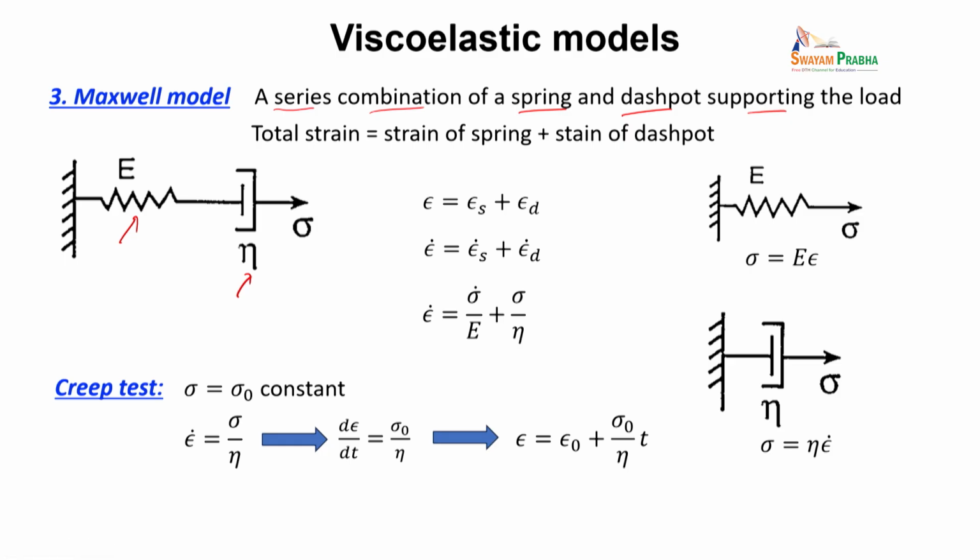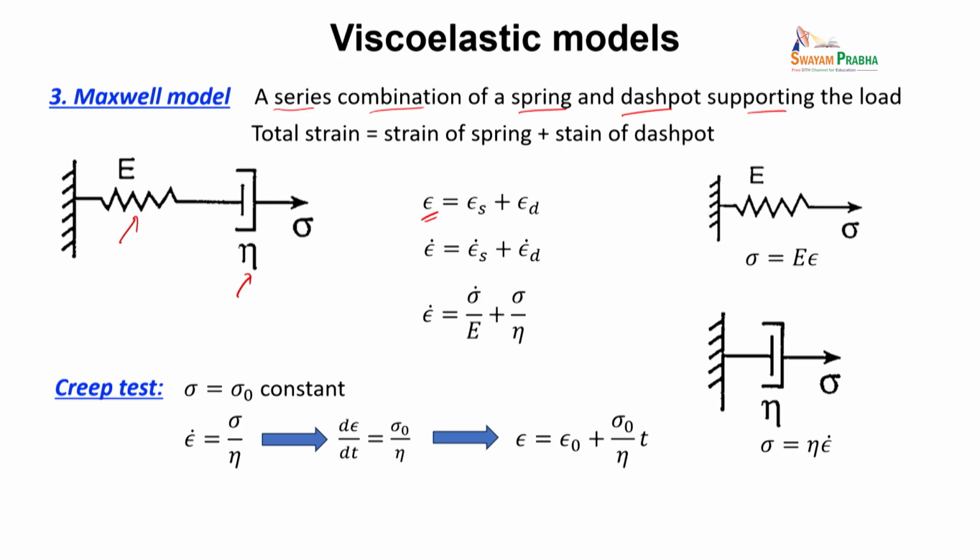So the total strain generated in this model will be a sum of the strain developed because of the elastic part plus the viscous part. You can see the total strain is the sum of the strain due to the spring, the elastic contribution, and due to the dashpot, which comes from the viscous effect.